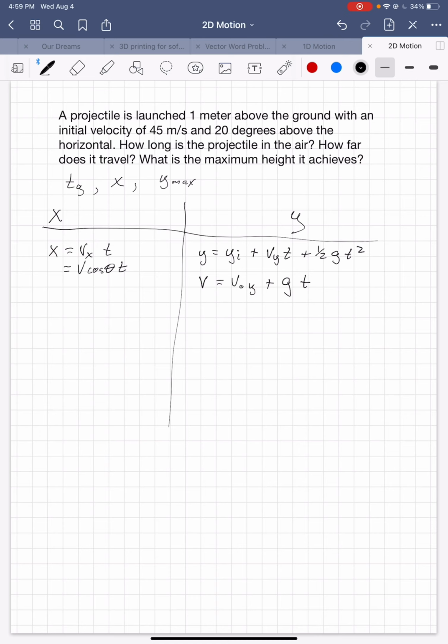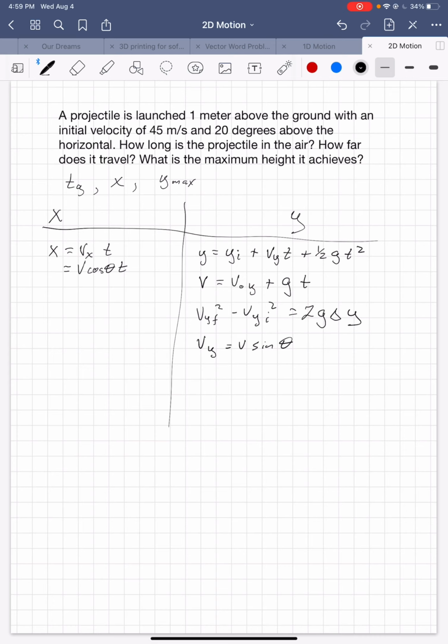And I also know that I could say vy final squared minus vy initial squared is equal to 2g delta y. And vy is just v sine theta.